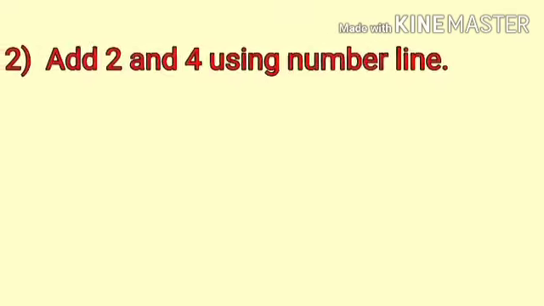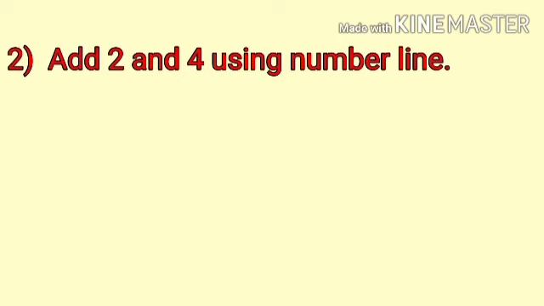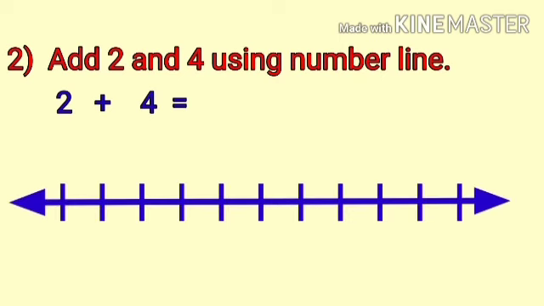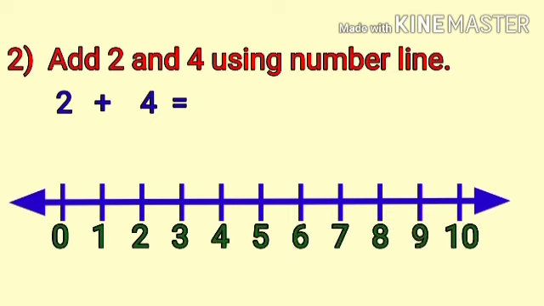The second question is: add 2 and 4 using a number line. That means here we have to do addition on a number line. Understood, children? Here also we need to take a number line marked with numbers 0 to 10.